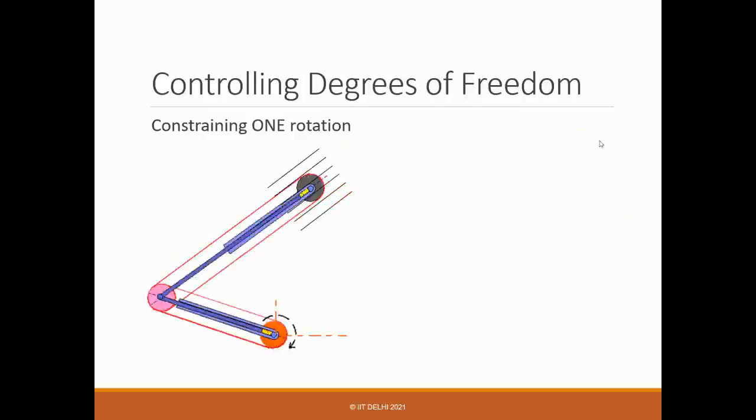A very good example is also your mini drafter. These days we don't use it because we have all the CAD tools available. But if you see the mini drafter mechanism, it's a very good embodiment of one rotational constraint.